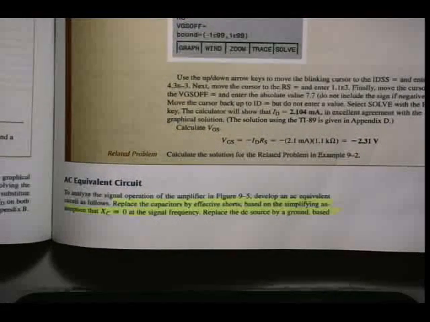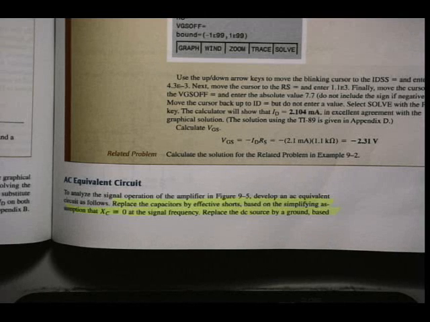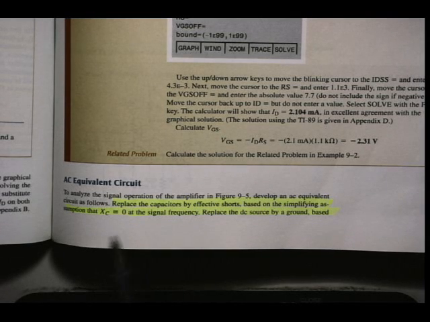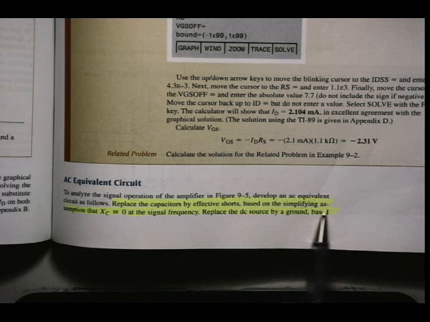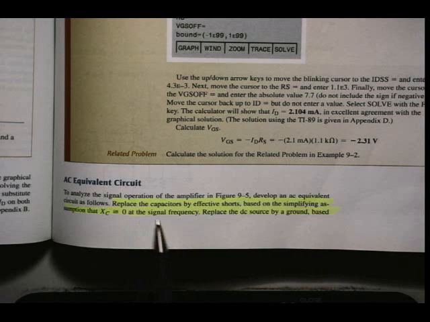To analyze the signal operation of the amplifier in figure 9.5, develop an AC equivalent circuit. Can you remember what I have to do? Go about the capacitors and the DC supply again. Replace the capacitors by effective shorts based on the simplifying assumption that XC is equal to 0 at the signal frequency, and replace the DC source by a ground.